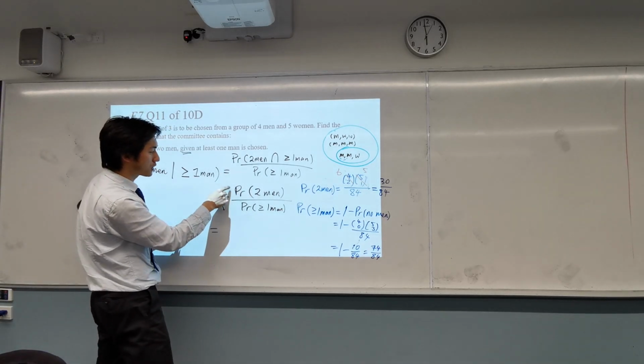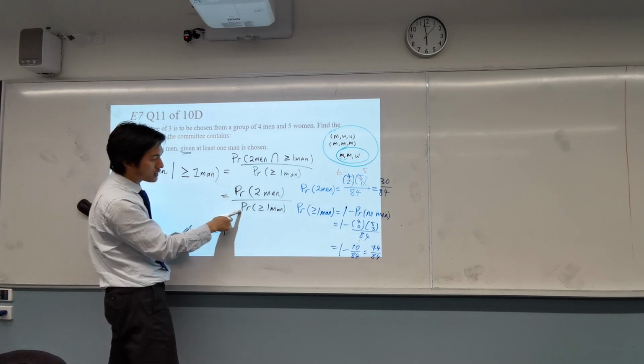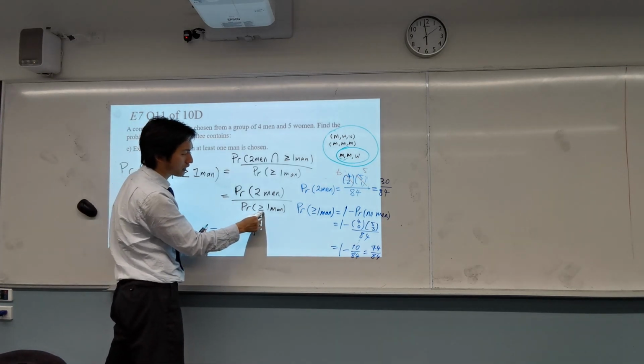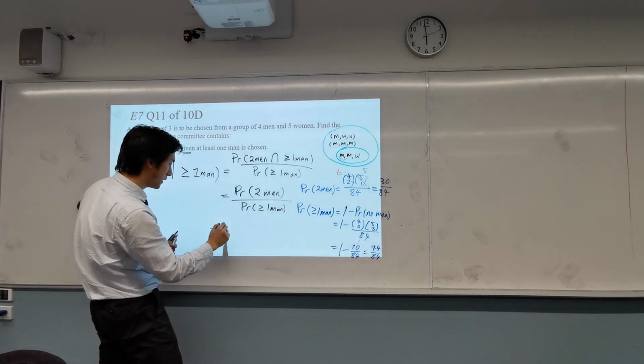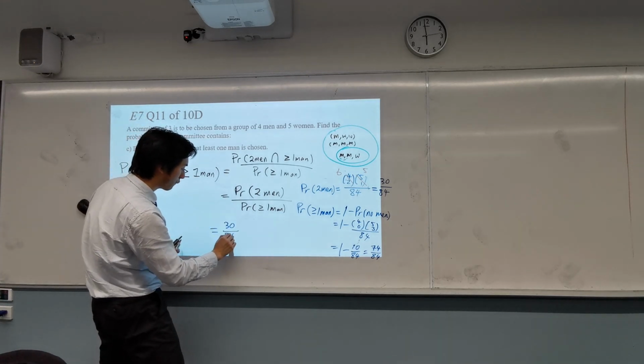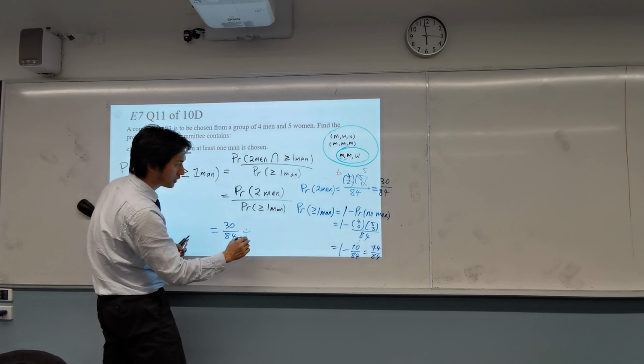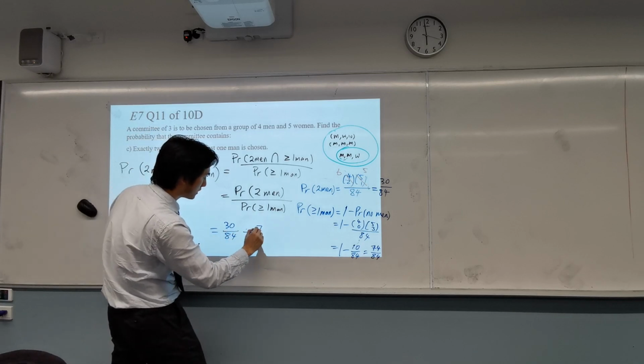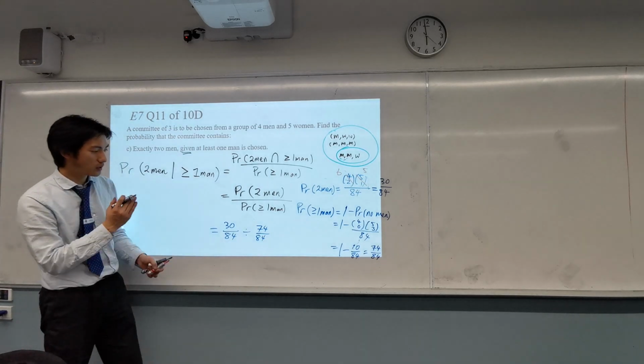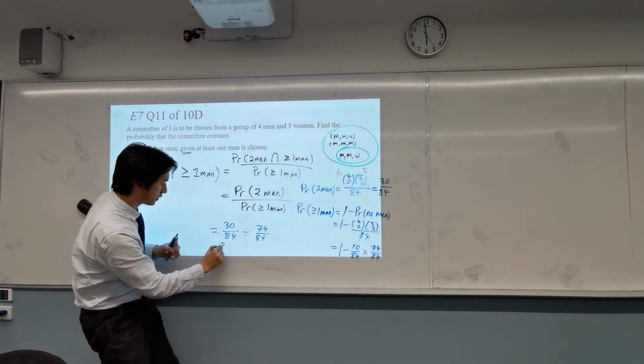We're going to take our fraction for the probability of 2 men and divide it by the fraction for the probability of getting at least 1 man. So 2 men is 30 out of 84, divided by at least 1 man is 74 out of 84. Okay, we're going to switch it around to cancel down.